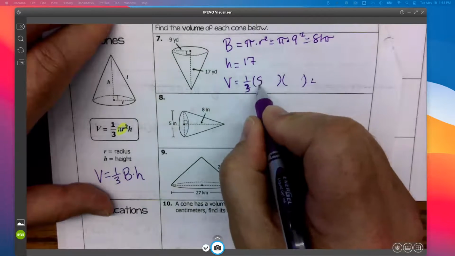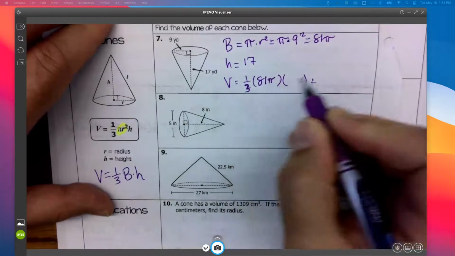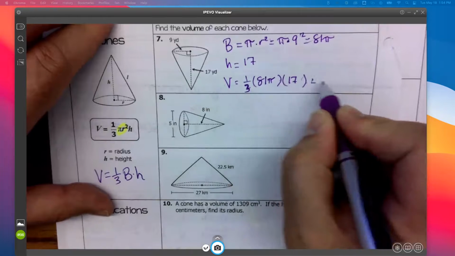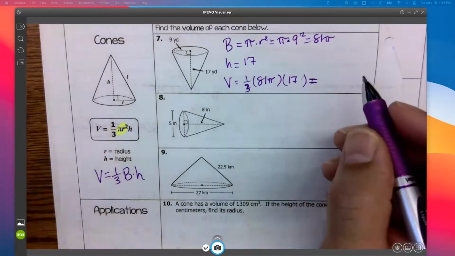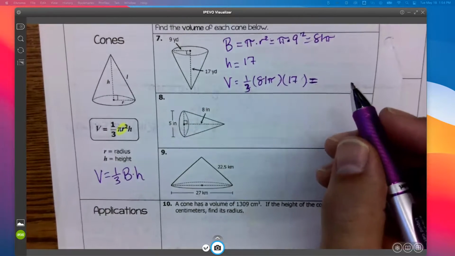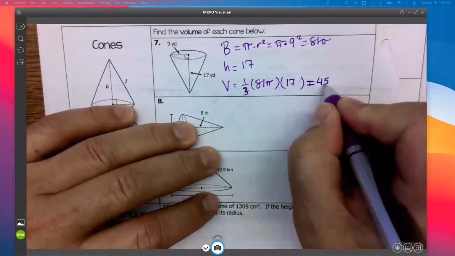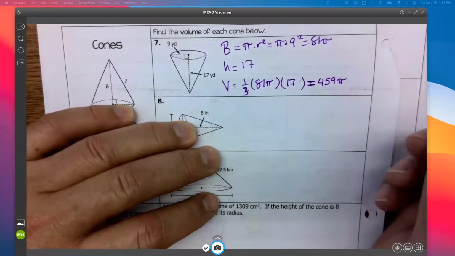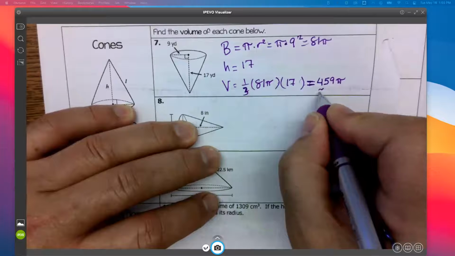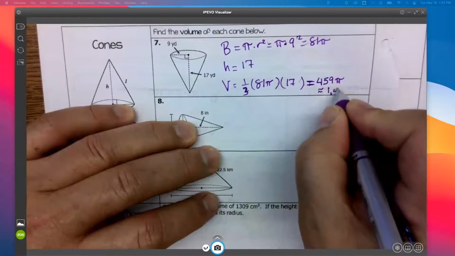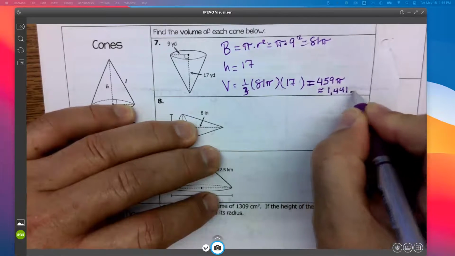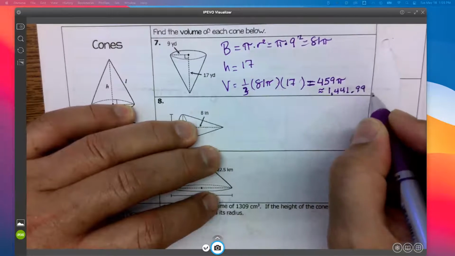So my volume is 1/3 of 81 pi times 17, which gives me 459 pi, or approximately 1,441.99 cubed.